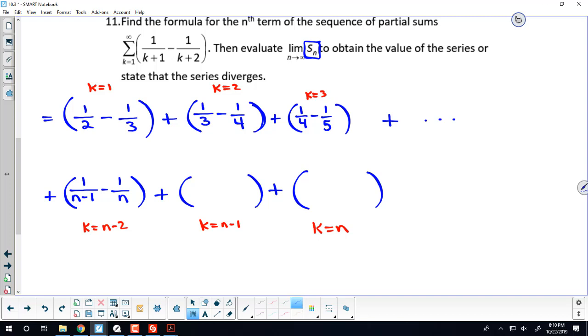When k is n minus 1, we have 1 over n minus 1 plus 1 minus 1 over n minus 1 plus 2.